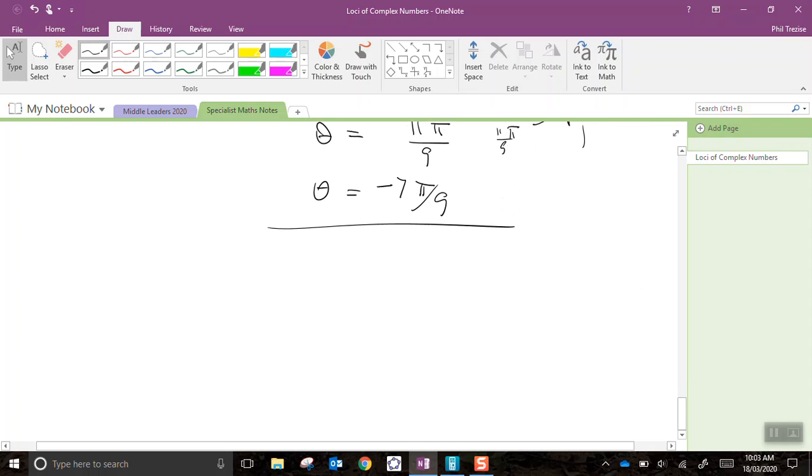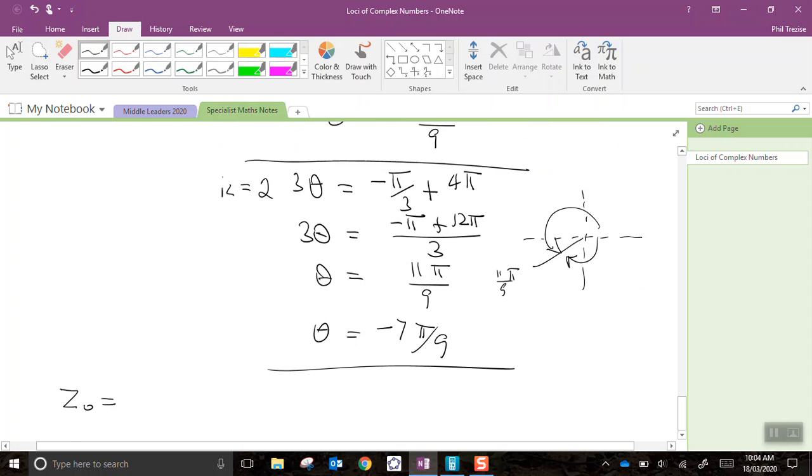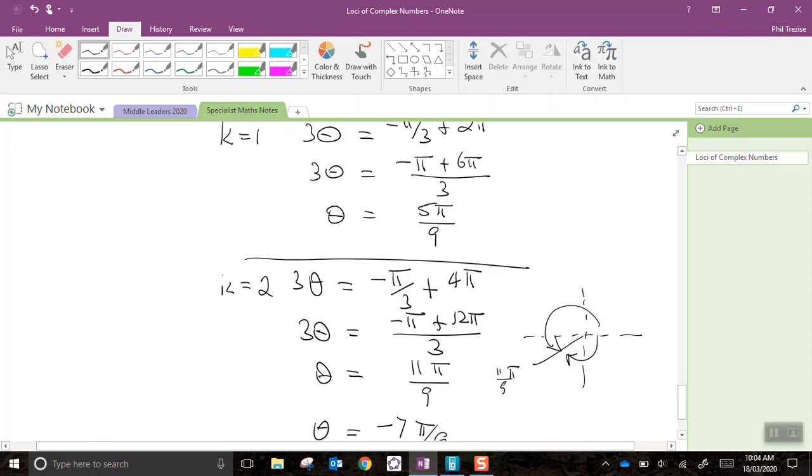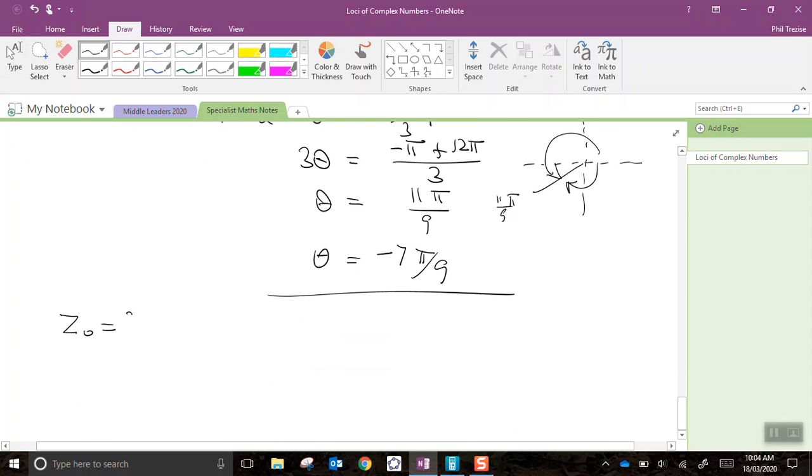So I've calculated all the bits that I need, but now I'll write the solutions. So Z0, I'll see that the modulus is cube root 2, and in the first case our argument was negative pi over 9. So cube root of 2 cis negative pi over 9.